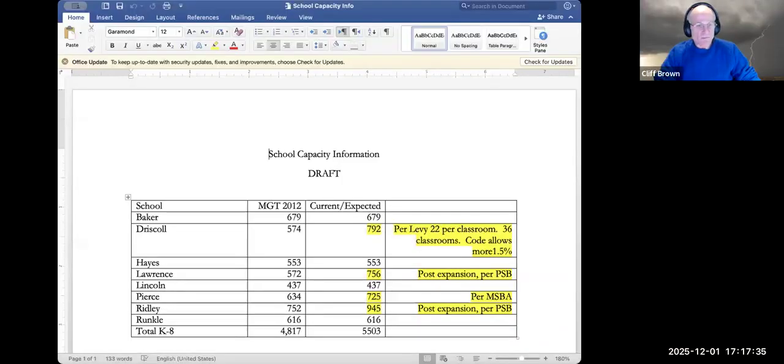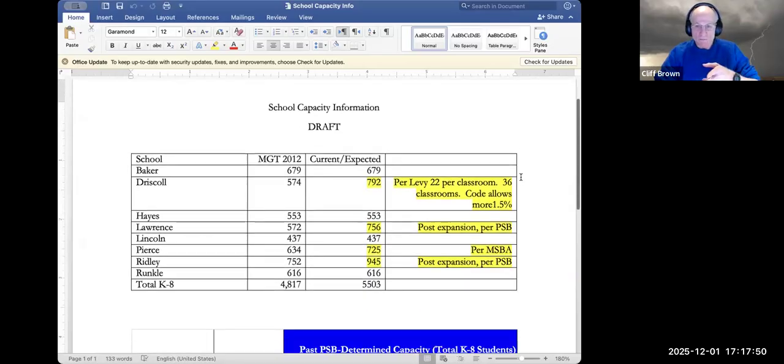With regard to Pierce, it is the MSBA's stated expectation of maximum capacity children. Thank you for putting that up. For Lawrence and Ridley, that information is coming from the school district.